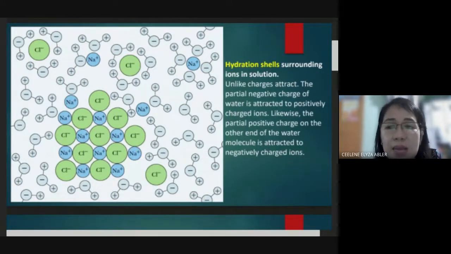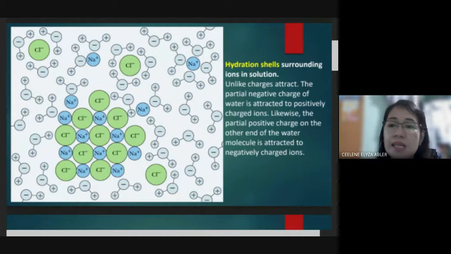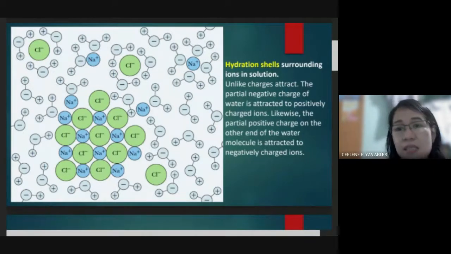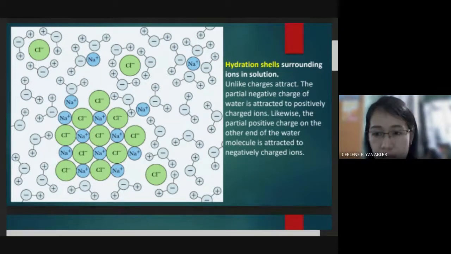So yun siya ang ginagamit natin, that's why we call water as a universal solvent. It's because it's capable of making hydration shells. The word hydrate, ang ibig sabihin, it can donate its hydrogen and it can lose its hydrogen.